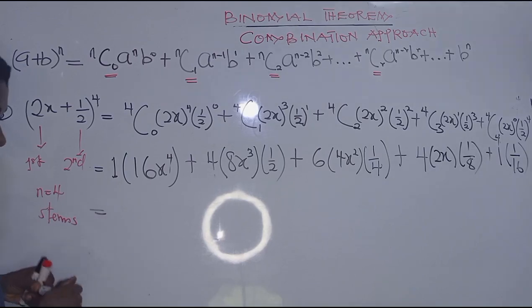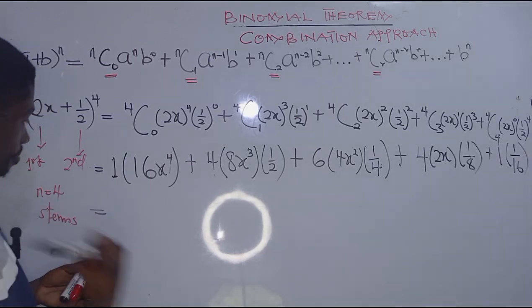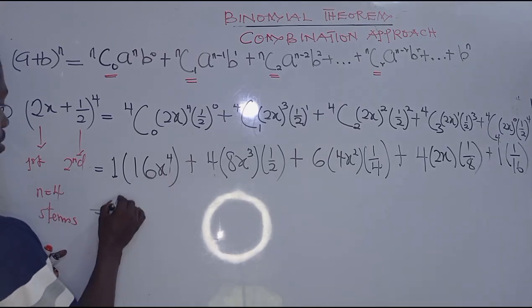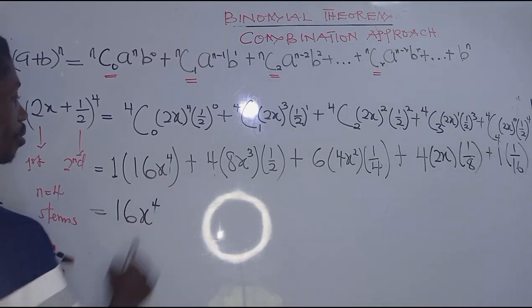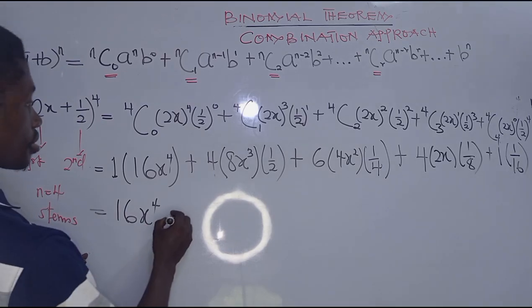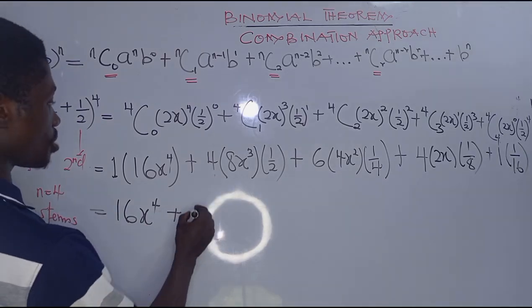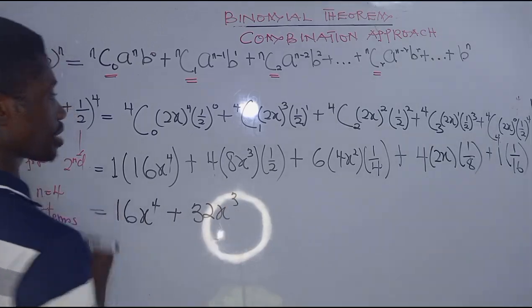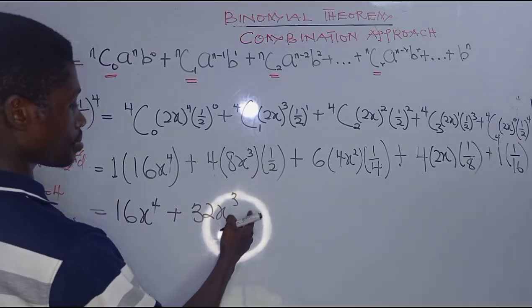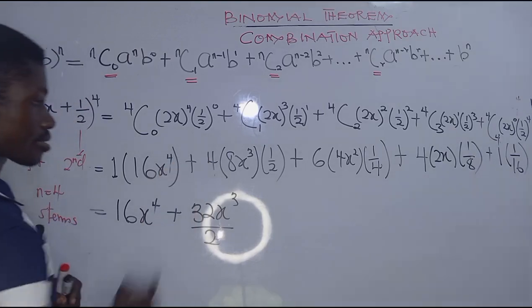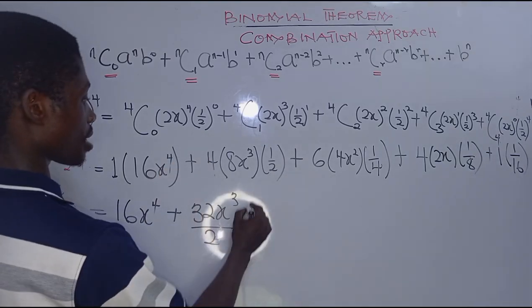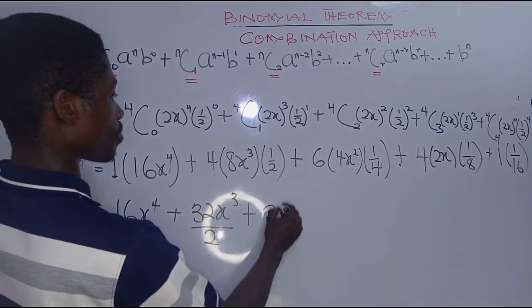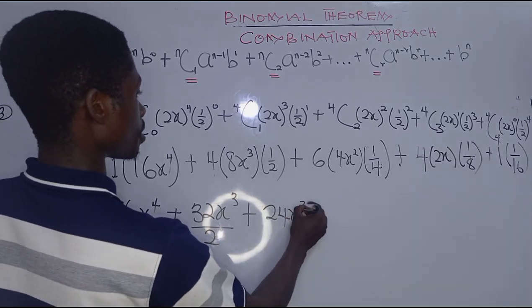Let's continue. This will give you 16x raised to the power 4. We have 4 times 8 will give us what? 32. X raised to the power 3. This multiplying half, we can write it as that. And then we have plus 6 times 4 will give you 24. X raised to the power 2.